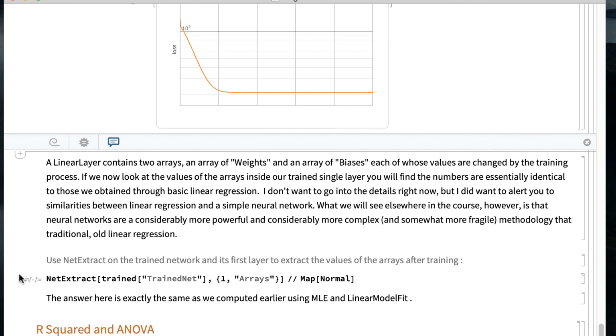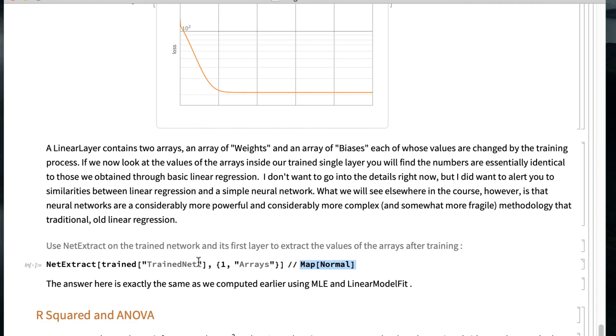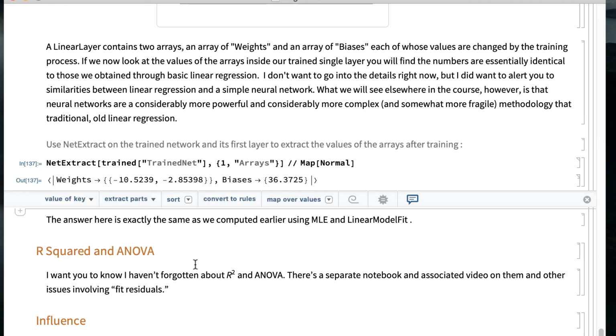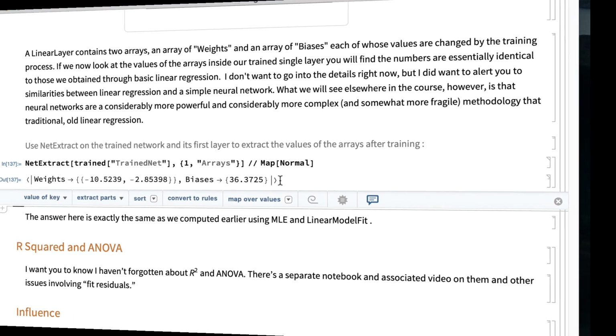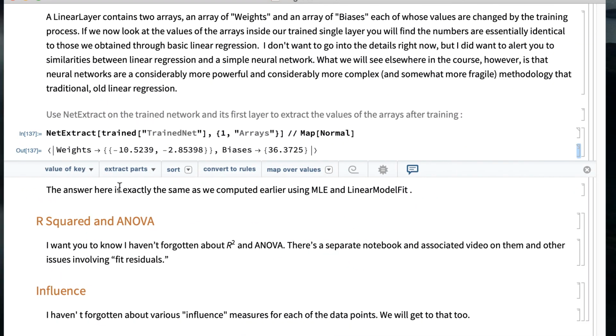And among the information I'd like to extract are the coefficients inside the trained network. This is just a way of getting the data out in a form where it's easier to understand for humans. And there we go. We have weights of negative 10.52 and negative 2.85 and a bias of 36.3725.